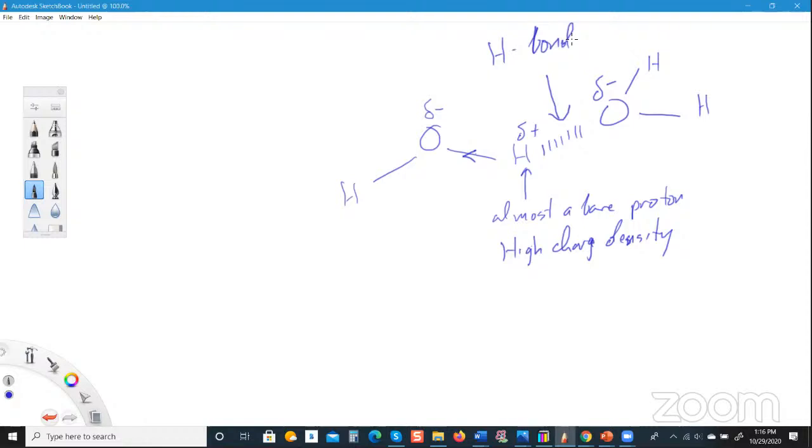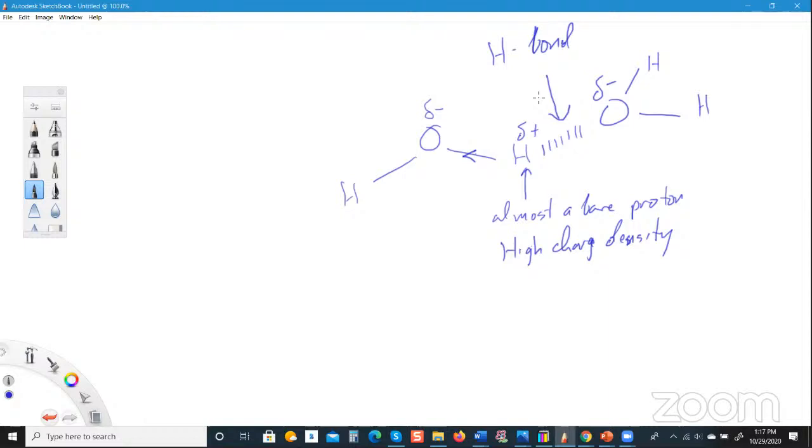All right? So that's the reason why the hydrogen bond has its own category in terms of dipole-dipole attraction, because that force of attraction is stronger than all other types of dipole-dipole interaction.